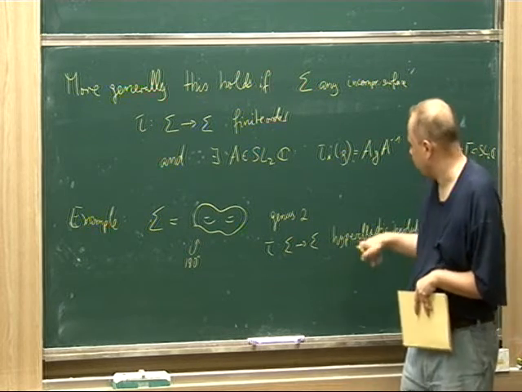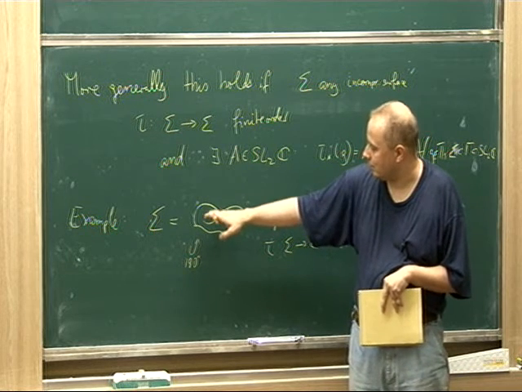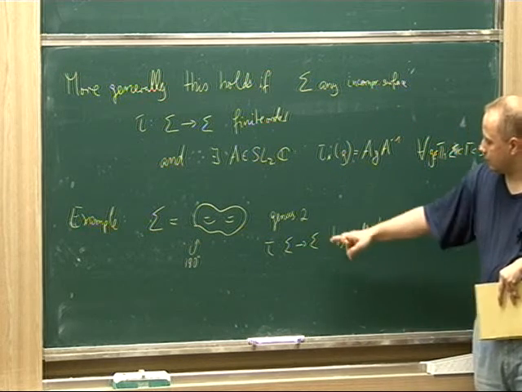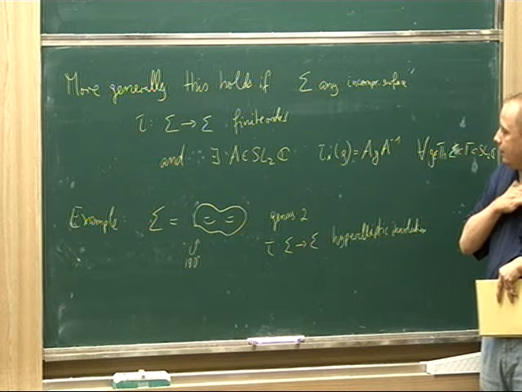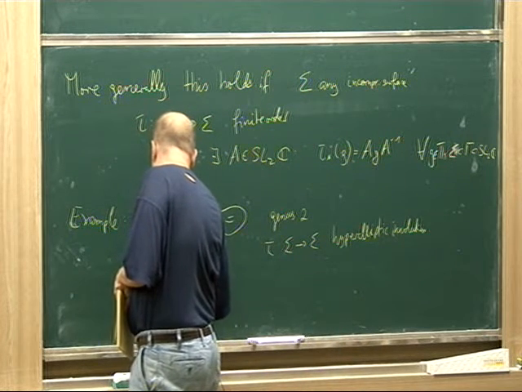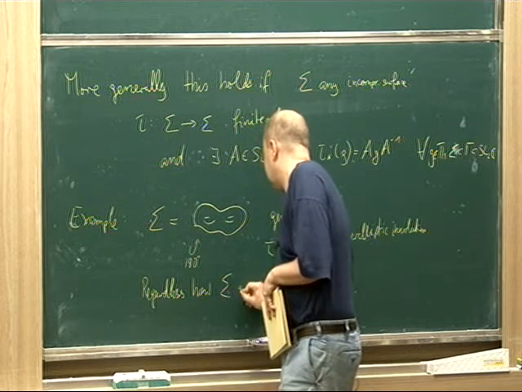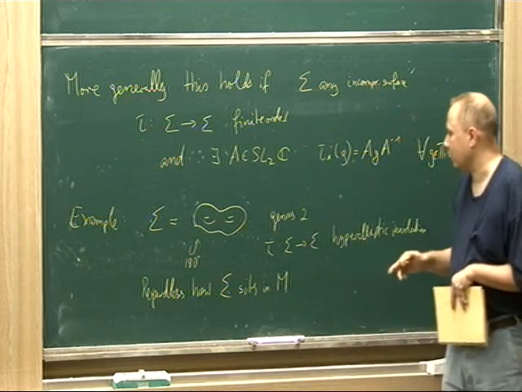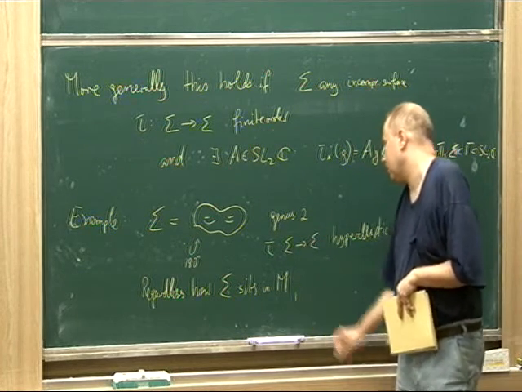This is just a complicated word for rotating by 180 degrees. Assuming that the surface is symmetric and you rotate by 180 degrees, then this is called the hyperelliptic involution. In this case, if you consider this tau, then regardless of how the surface sits in the hyperbolic manifold, one can show that this assumption is always satisfied. And this is what Ullmann shows.